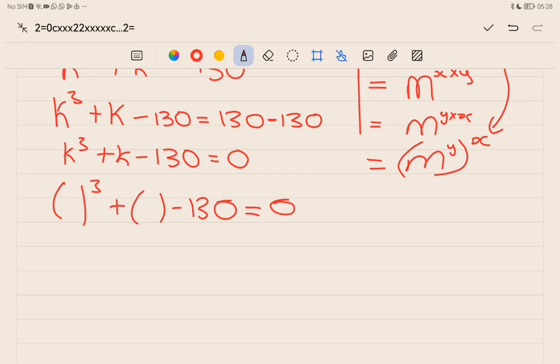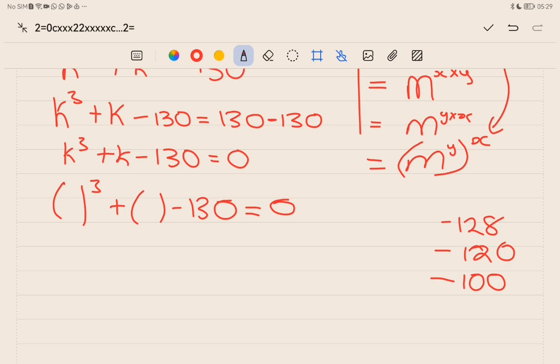1, it failed, it gives me negative 128. Then when I substitute 2, it gives me negative 120. Then when I substitute 3, it gives me negative 100.